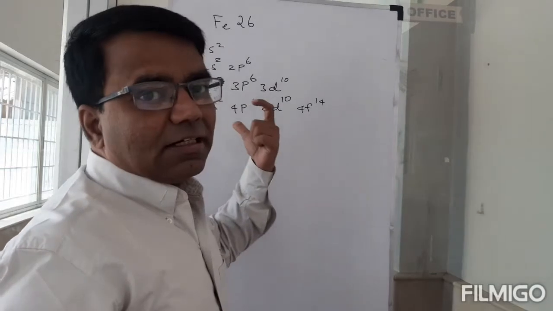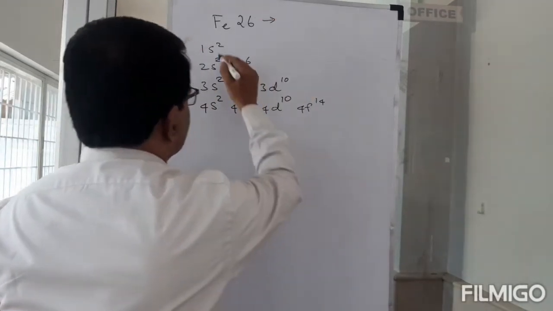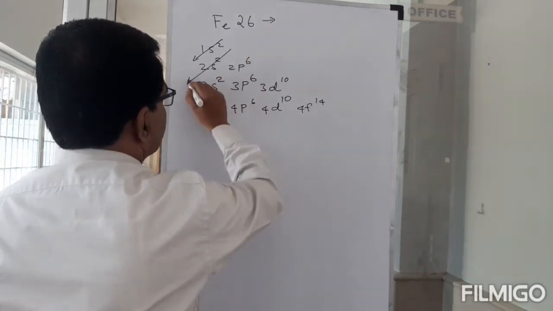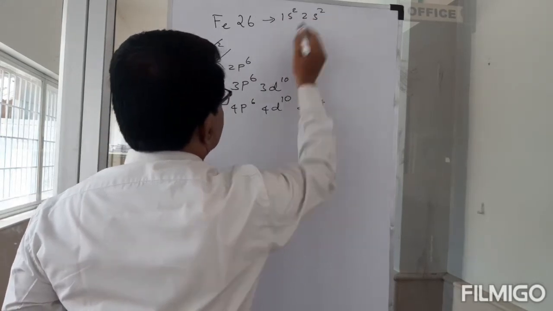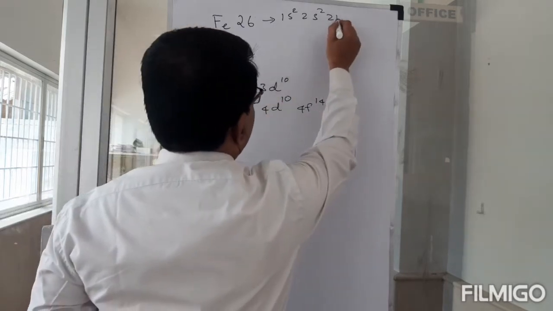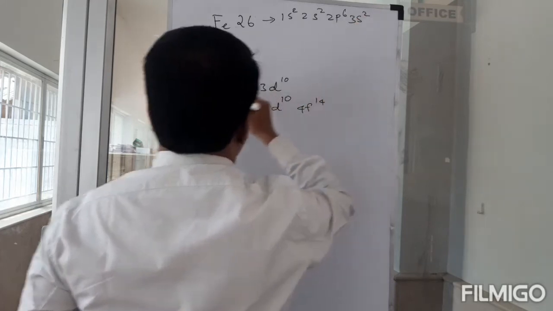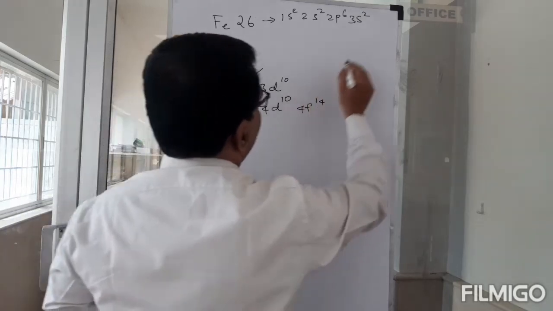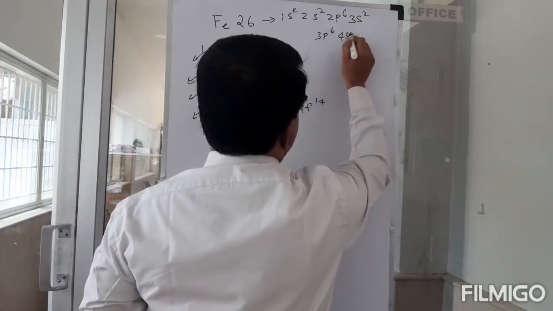Let us see the electronic configuration for iron. So it will be 1s2, 2s2, and then 2p6, 3s2, and now 3p6 and 4s2.